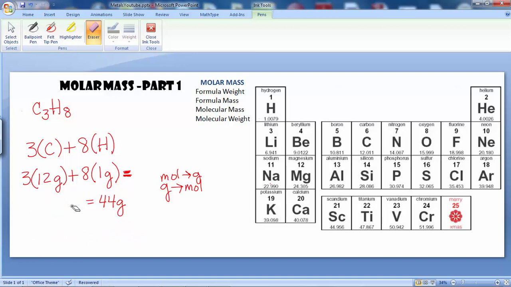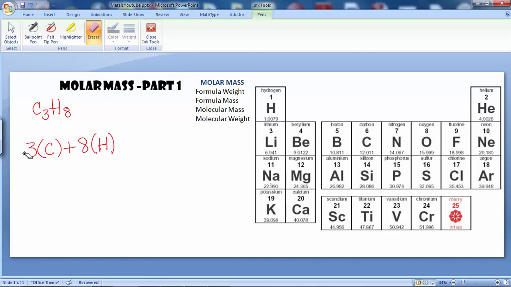And one thing that I would like you to do is to practice calculating the molar mass of various compounds. And when I say practice, I do not mean glance at your notes and do what we did in class. I mean go to your quizzes, go to the back of the textbook, and practice problems.